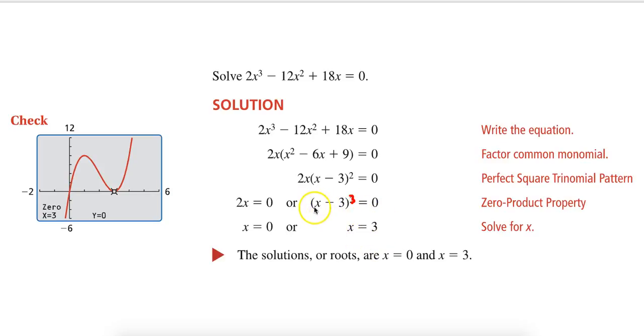So if x minus 3 was raised to an odd power, our graph would cross through instead of touching at x equals 3. So there's a slight difference between our repeated solutions right here. Okay, we're going to see that a little bit more throughout this chapter, so please keep that in mind.